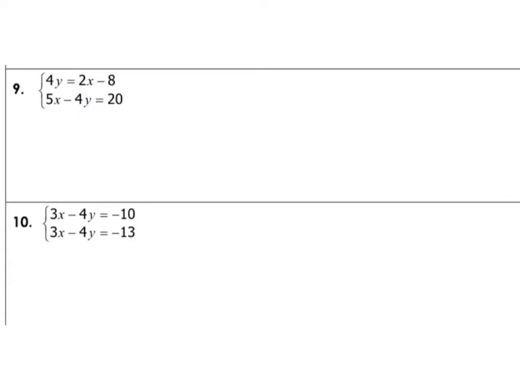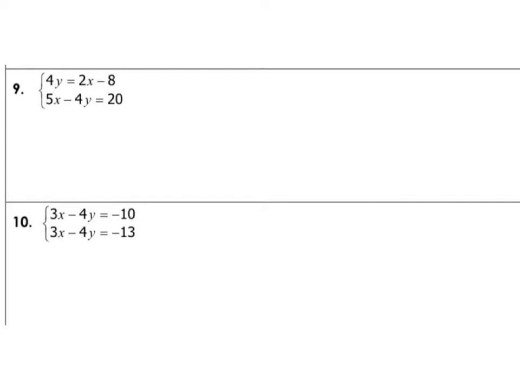All right, so I'm going to go through number 9. Number 8 is similar to this, so make sure you look at this before you try number 8. You'll notice, looking at the equations, the first equation has y on the left side. The second equation has an x and a y on the left side. What we need to do is line them up. That was one of our steps when solving, to make sure they're lined up.